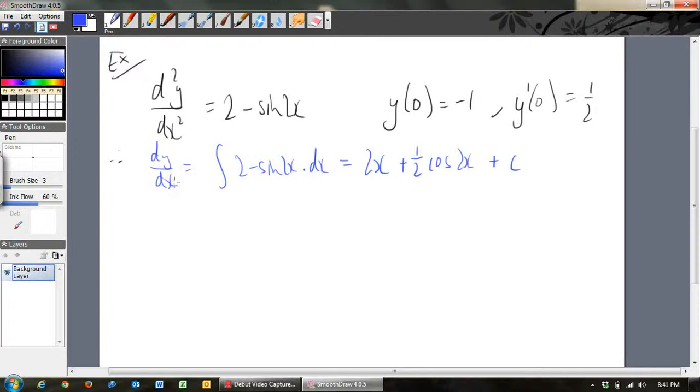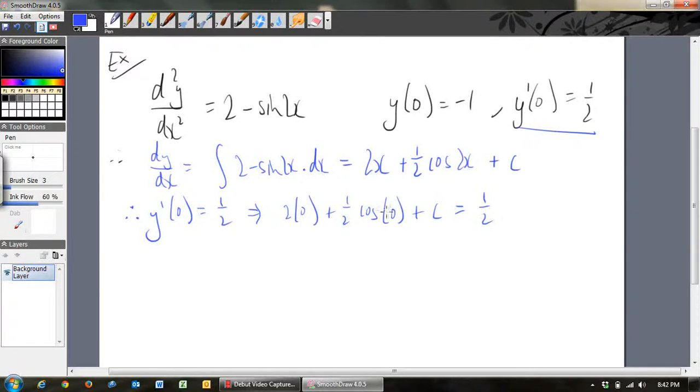Fantastic. Now, at this point, look at what we've got. We've got the derivative of y with respect to x is equal to this. And here it's telling us the derivative of y when x is equal to 0 is equal to half. So we can actually find what c is equal to. We could wait until the final solution, but it's better to do it now. So y dashed of 0 equals half tells us, when x is equal to 0, 2 times 0 plus half cos of 0 plus c is equal to a half.